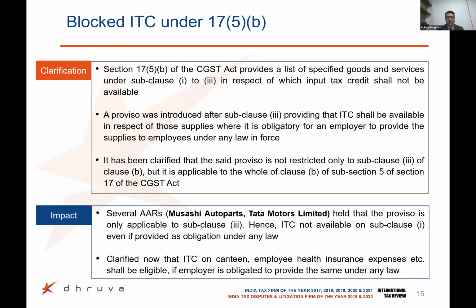Certain advance rulings said that no, the proviso shall only be read in respect of subclause 3, not in respect of subclause 1 or 2. The clarification has made it clear that the proviso shall be applicable to section 17(5)(b) all put together. So therefore, now canteen, employee health insurance, if provided under any obligation of a law in force, the credit shall now be available. The restriction under section 17(5)(b) will no longer be applicable.